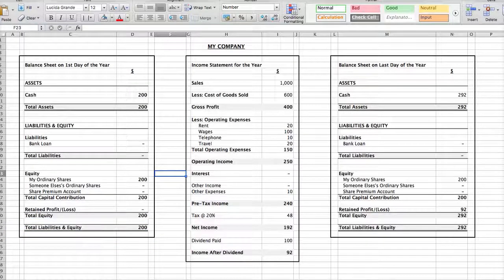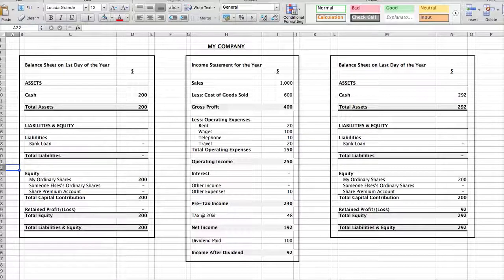So a liability is the opposite of an asset. It's money that the company owes to somebody else. Whether this is to a bank or to a supplier doesn't really matter. It's a liability, it's money that's owed. Equity is really a specific type of liability. So equity is really money that's owed to a shareholder.